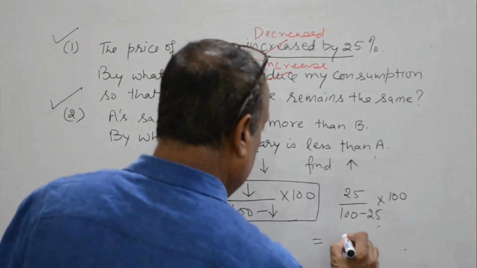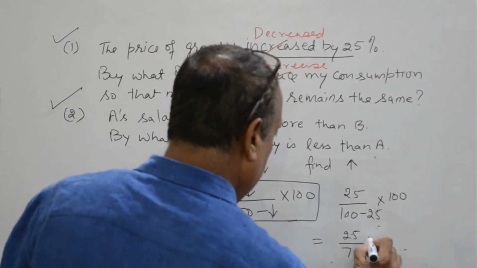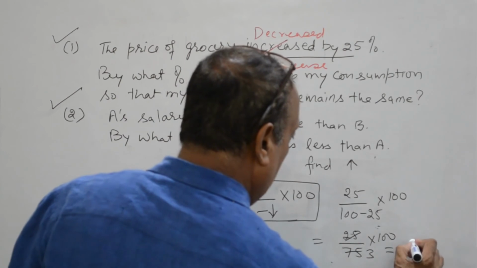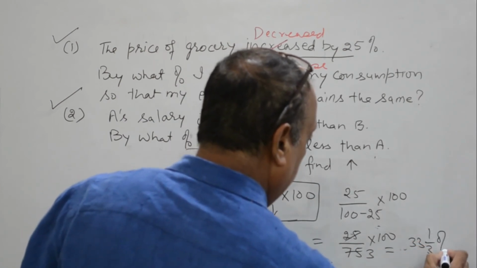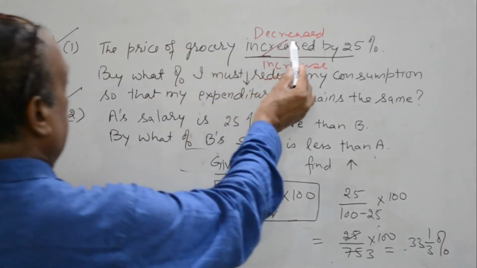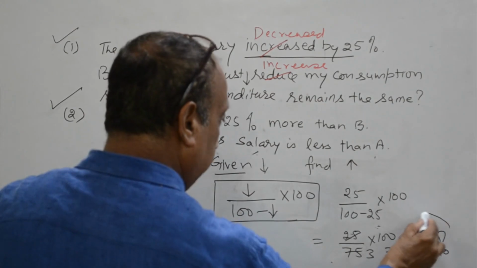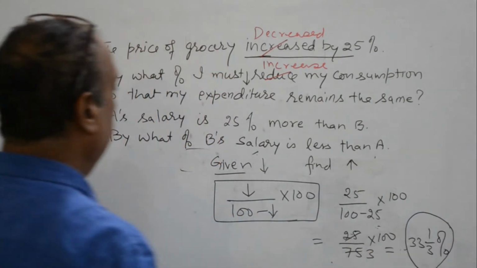So the answer is 25 over 75 into 100, which comes out to be 33 and 1 upon 3%. It means when the price is decreased by 25%, I must increase my consumption by 33 and 1 upon 3%.